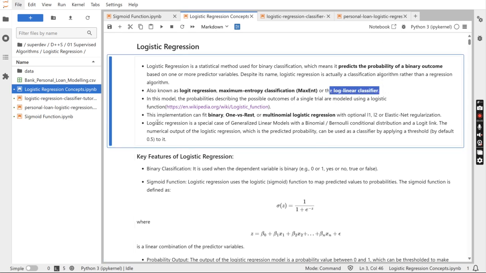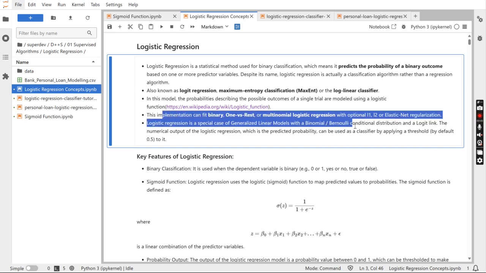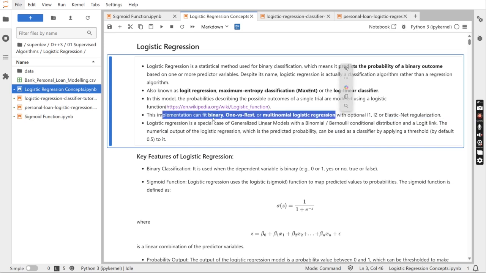Or it's also called log linear, and there are certain variations of this. First, it can be applied for binary classification, or it can also be applied for multinomial classification. That means if you have multiple class values, like instead of classifying people into loan approval and loan rejection categories, you change the use case based on the amount.